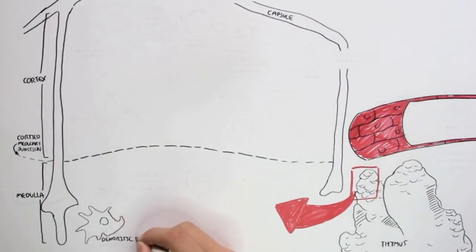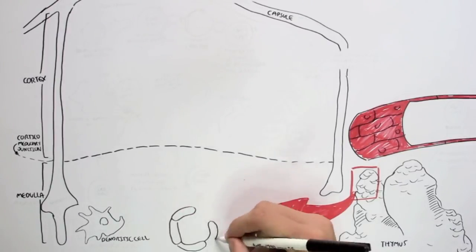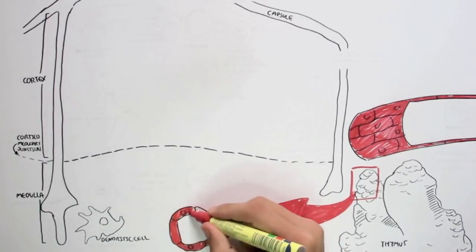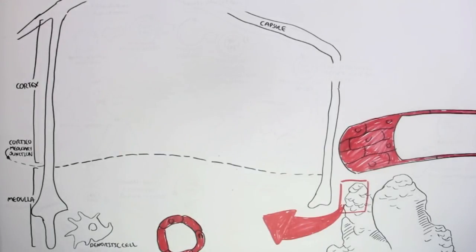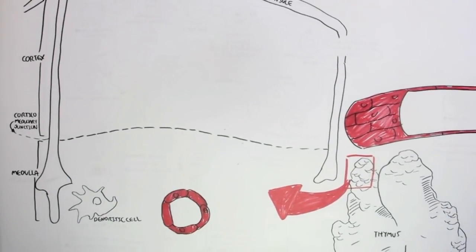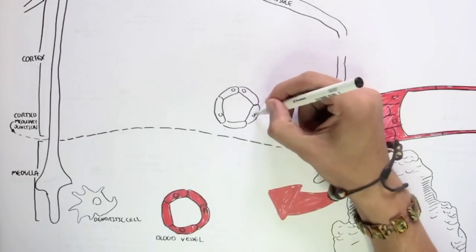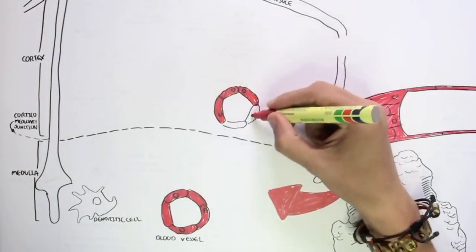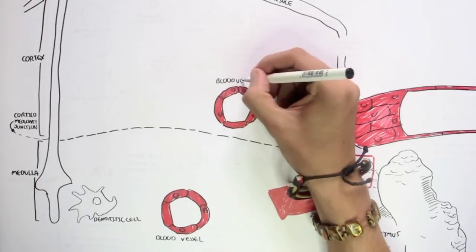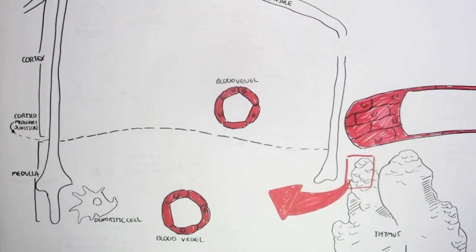Now within the medulla and cortex we have some cells, such as in the medulla we have immature dendritic cells. And also we have blood vessels, both in the medulla and in the cortex, to bring the cells into the thymus essentially.